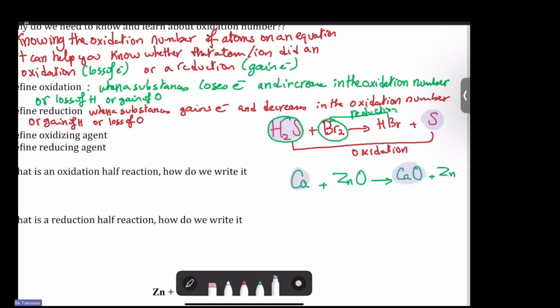Ca gained oxygen. So Ca undergoes an oxidation, gain of oxygen. And ZnO, no more O with the Zn, so it lost the oxygen. We say that ZnO got reduced. So ZnO got reduced, Ca got oxidized.